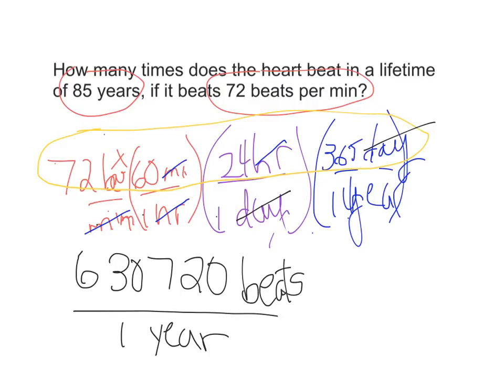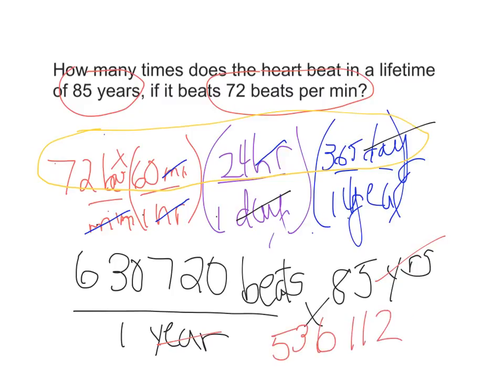And now we're interested in 85 years. So if we multiply this by 85 years, you can see that your years are going to cancel out. And so then we're going to be left with however many beats that's going to be, which is 5,361,120,0. And that's how many beats that heart is going to make.